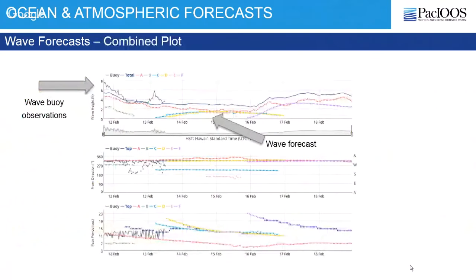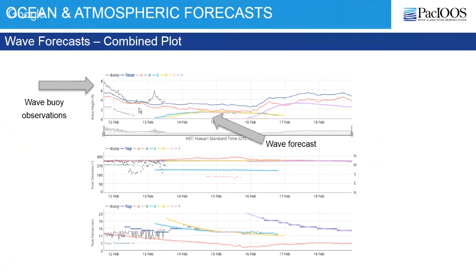One plot that I want to point out, which is also on the website, is where your question in the back is hopefully going to be addressed. The line in gray, the zigzag line over on this side, is the buoy observations. So this is actually what's happening out there.